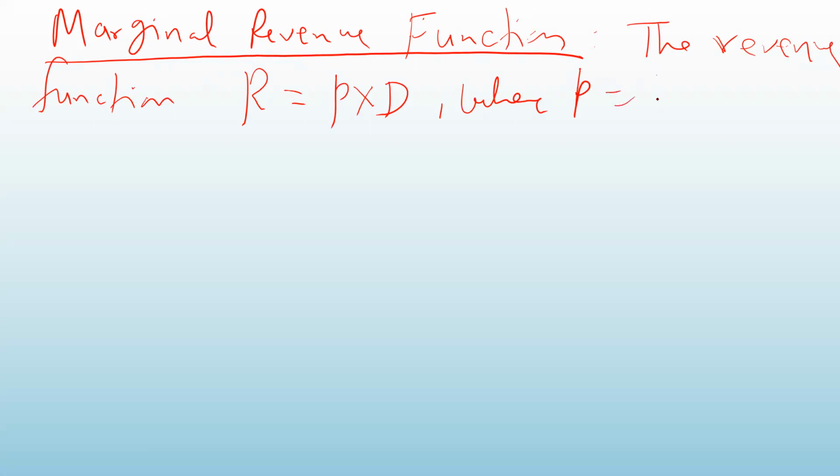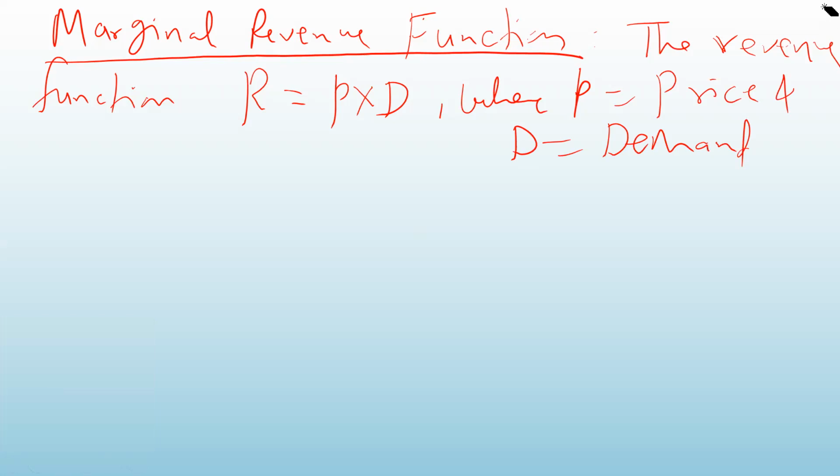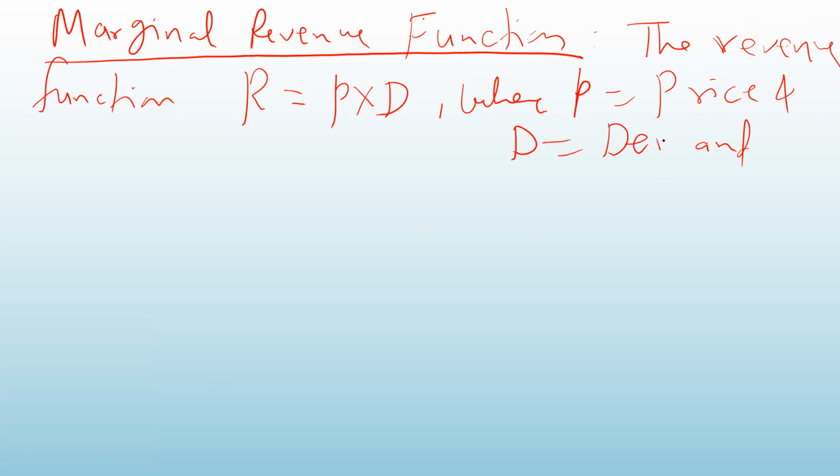P is the price and D is the demand. Okay, D is the demand. So revenue is price into demand.